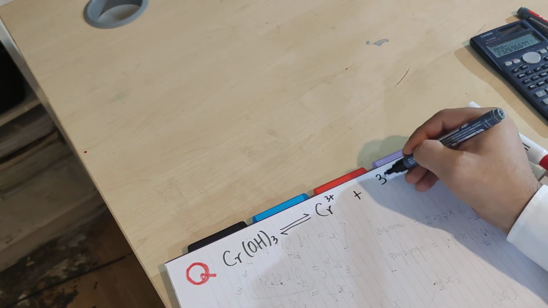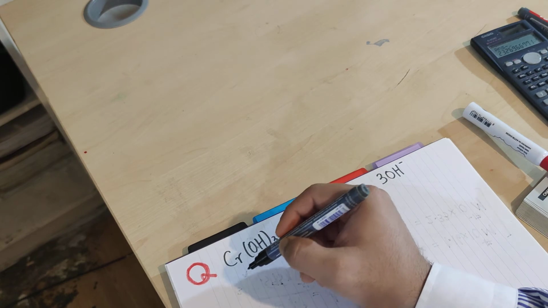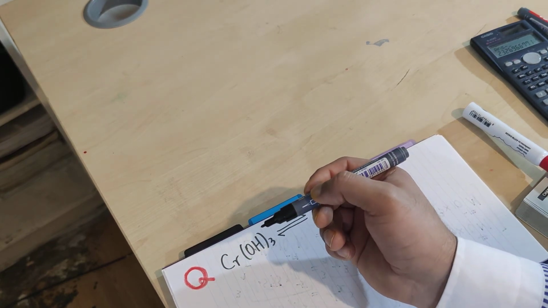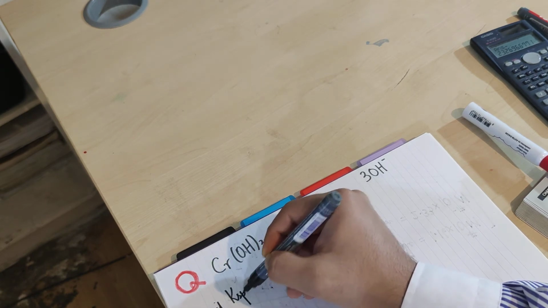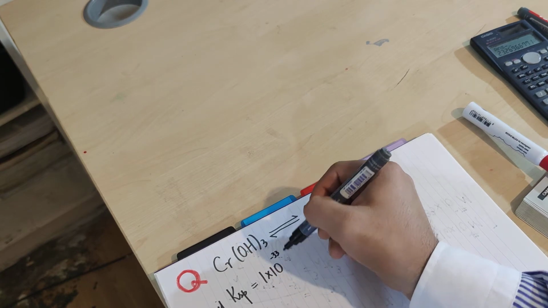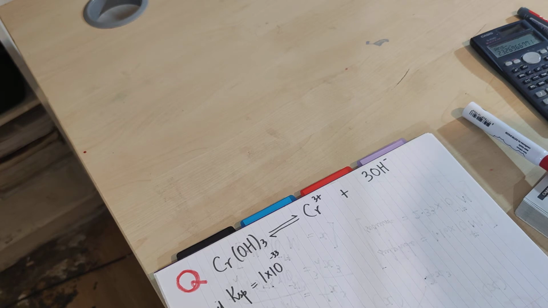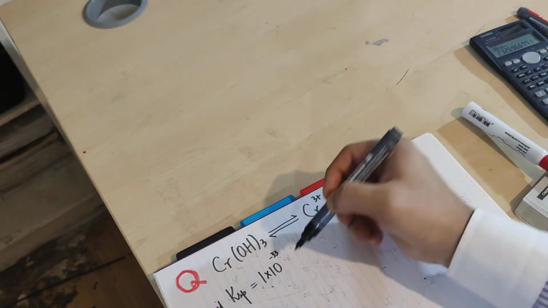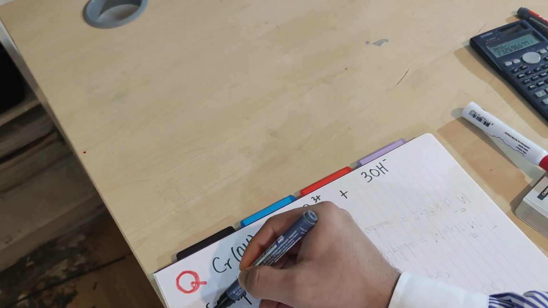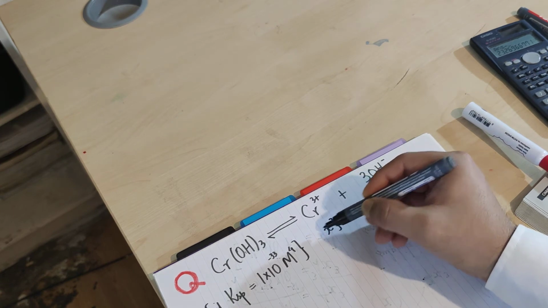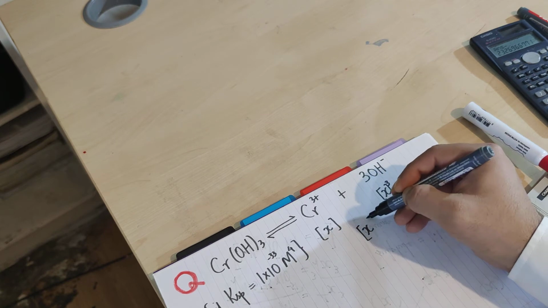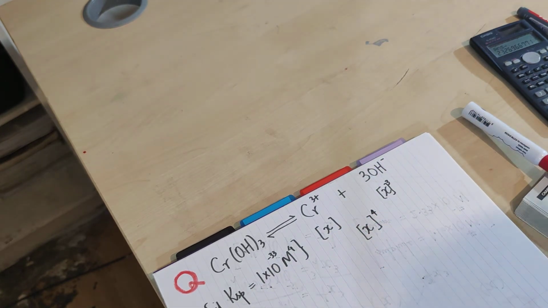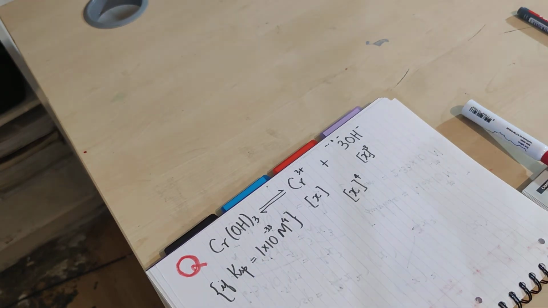So if the solubility product is in moles quadrupled, then this one would be x, and this would be x cubed, and this would be x quadrupled, and after that you just have to take the fourth root.